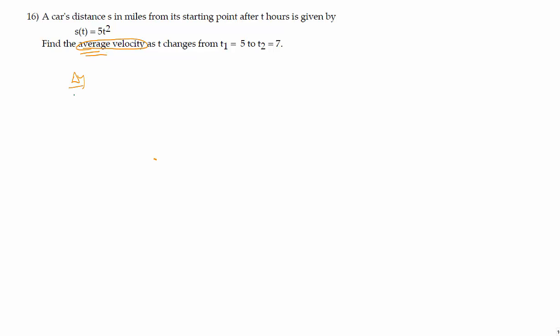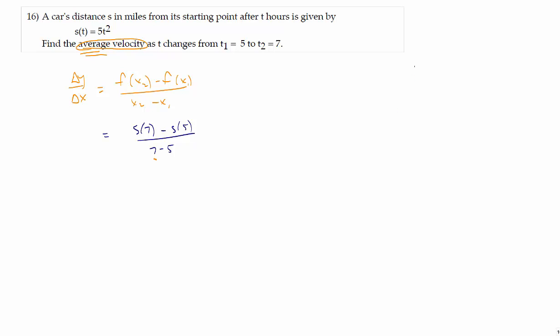So you're going to take the change in the y's over the change in the x's. Or, we often see it as f of x2 minus f of x1 all over x2 minus x1. For this particular one, my function is s of t, and I'm going from 5 to 7. So my average velocity will be given by s of 7 minus s of 5 divided by 7 minus 5.